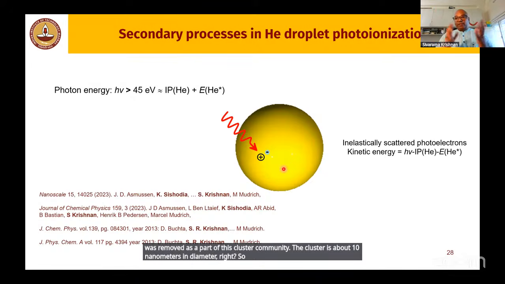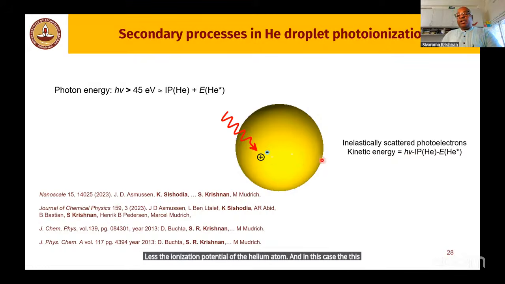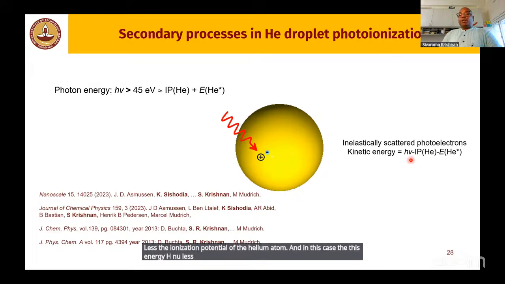It is very simple physics: the energy of this electron is governed by the photoelectric effect equation, h nu, the photon energy, less the ionization potential of the helium atom. In this case, h nu less the ionization potential is about 20 electron volts.